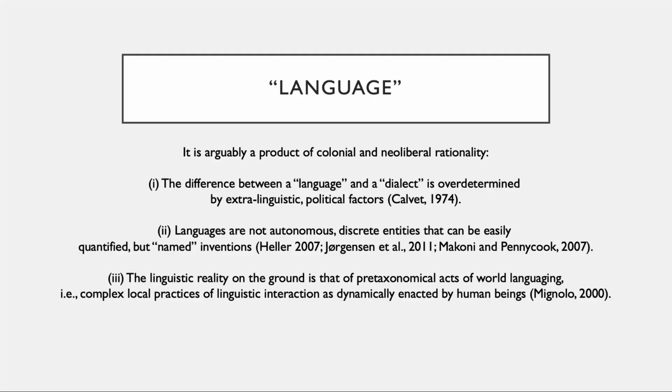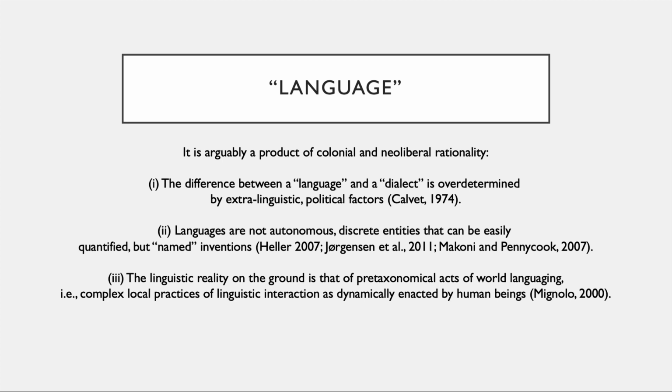And last but not least, the very category of language. Well, language is arguably a product of colonial and neoliberal rationality. So let's think, for instance, about the difference between a language on the one hand and a dialect on the other. In the volume that I just showed, authored by Calvet, Linguistics and Colonialism, Calvet explains that the distinction between language and dialect is a binary that is characteristic of the way in which linguistics served historically to further the purpose of colonialism.